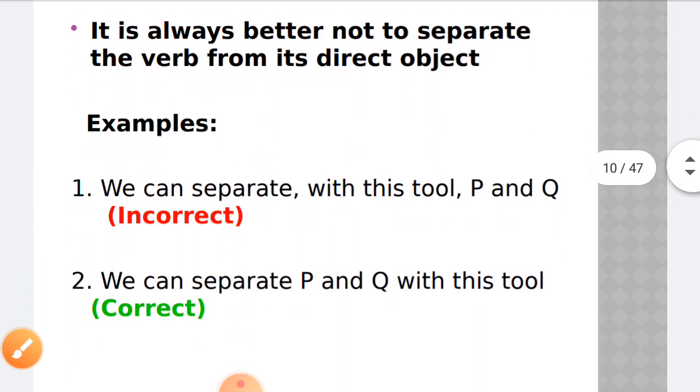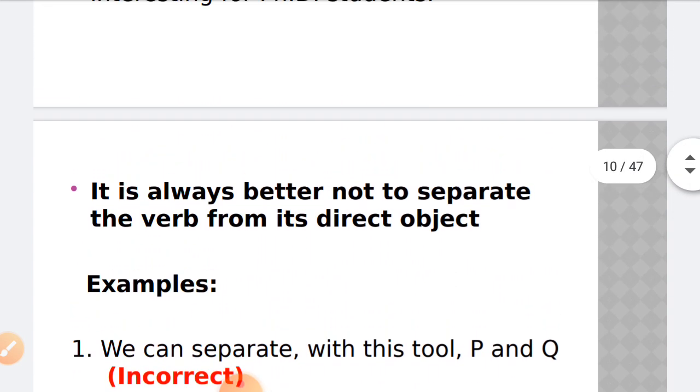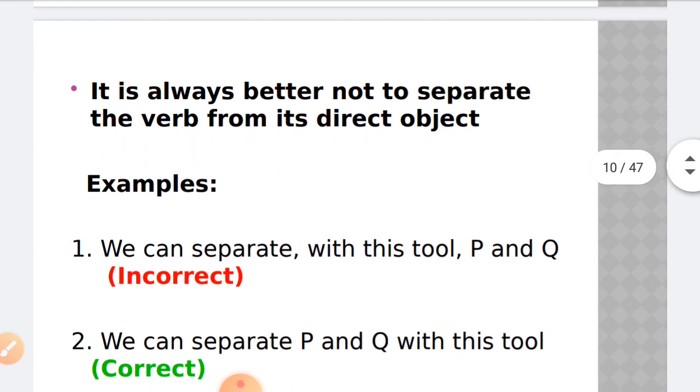It is always better not to separate the verb from its direct object. Sentence 1: We can separate with this tool P and Q. Sentence 2: We can separate P and Q with this tool. Sentence 2 is correct, whereas sentence 1, in which we see that the verb is separated from its direct object, is incorrect.